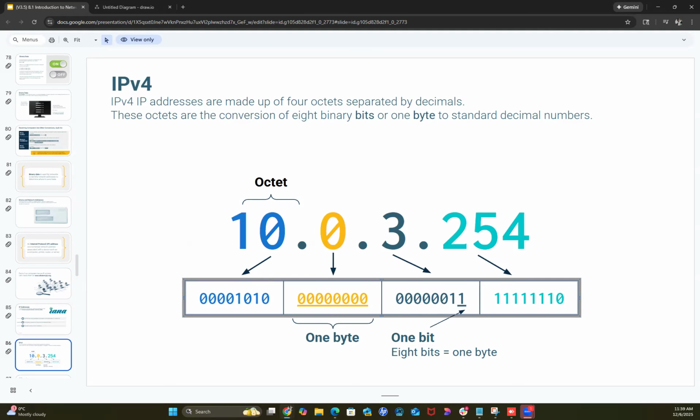Here in one IP example, they have 10.0.3.254. This is one IP. So how do we convert this?